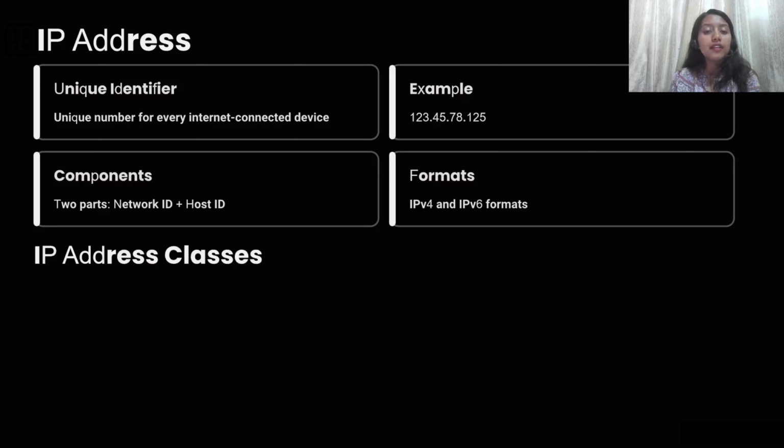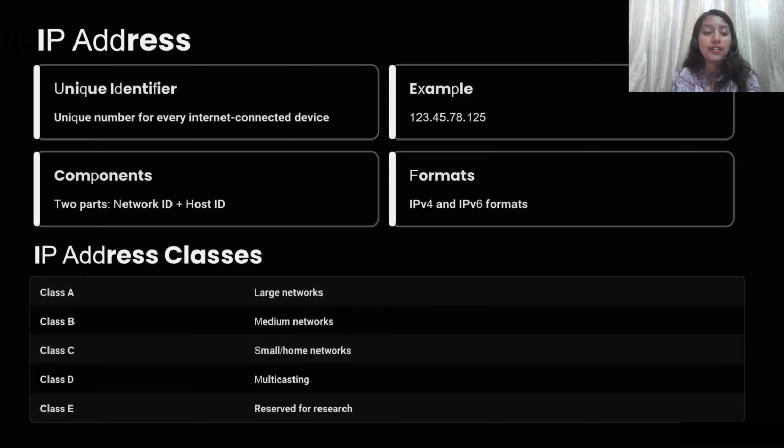We have different types of IP address classes. Class A is for big companies, Class B is for medium networks, Class C is for small offices or even small homes, and Class D and E are for research and special use.